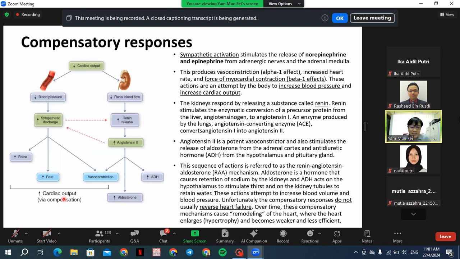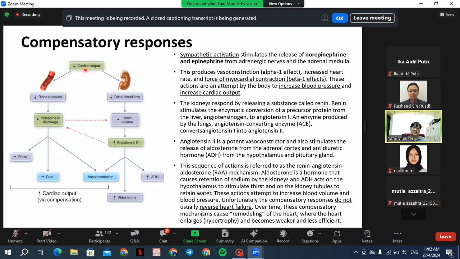So, meaning that once this condition happens, for example with an increase of antidiuretic hormone, your kidney will absorb more salt and more water, causing sodium retention and water retention.